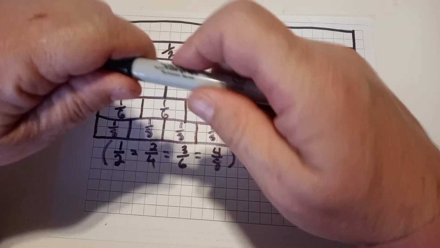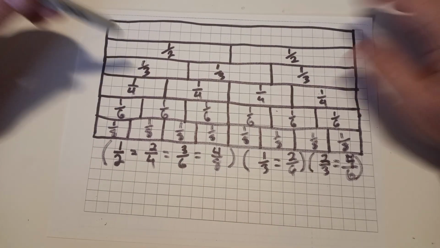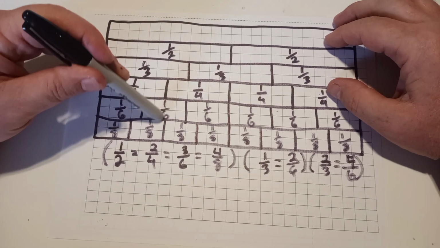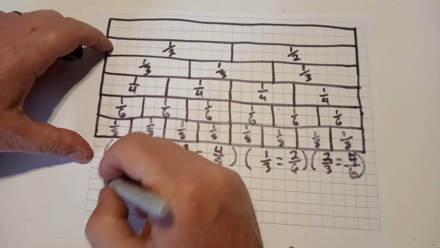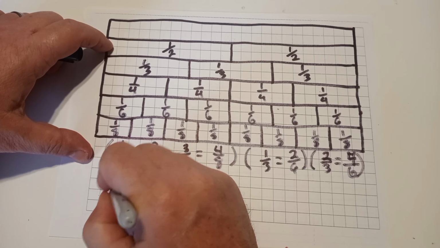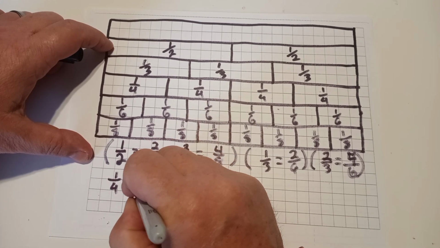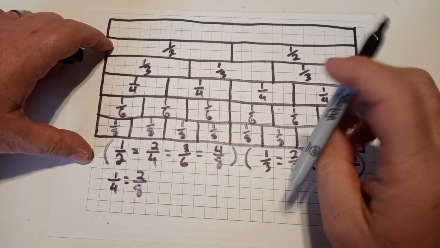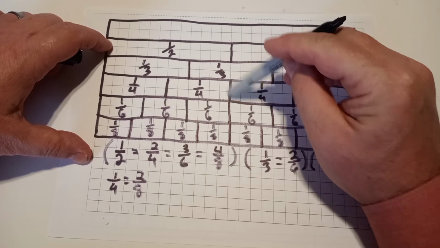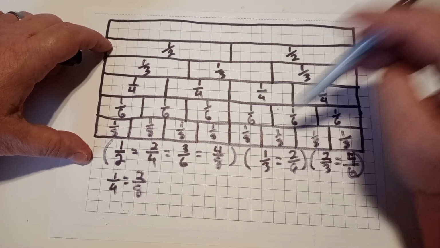Okay, the next thing we're going to look at is fourths. If I follow the fourths down, when we were making it, we decided that the fourths do line up with the eighths. It looks like 1/4 is equivalent to 2/8. You can see that 1/4 and 2/8 line up with each other. We already said 2/4 is equal to 1/2 and 3/6 and 4/8.